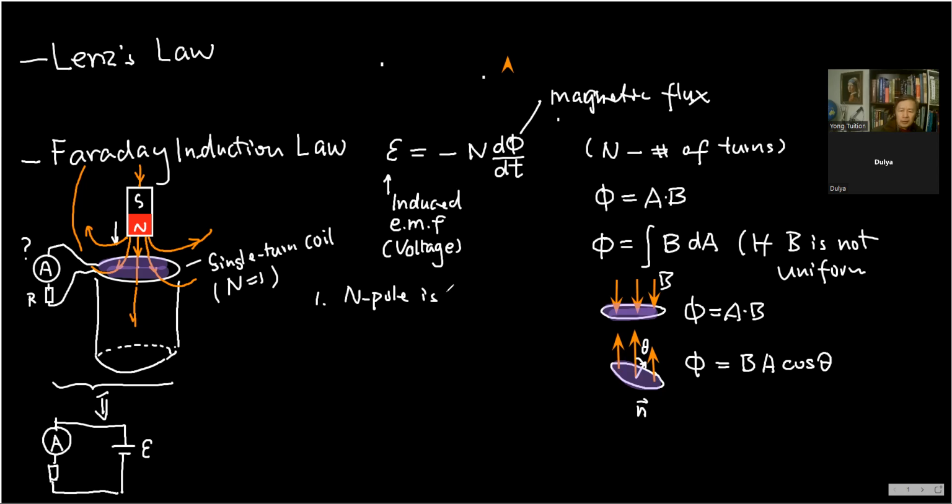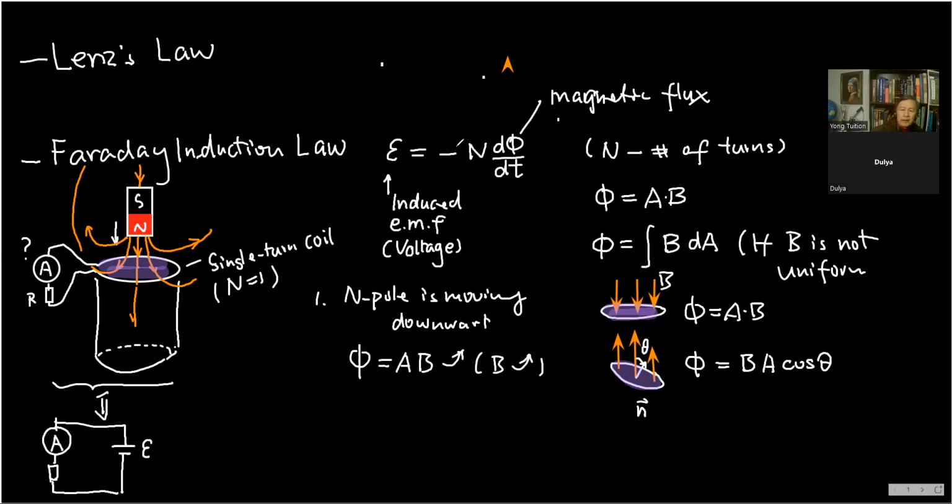Do you think the flux will increase? Why? Because flux equals A multiplied by B, and B is increasing, right? So phi increases because B is increasing.